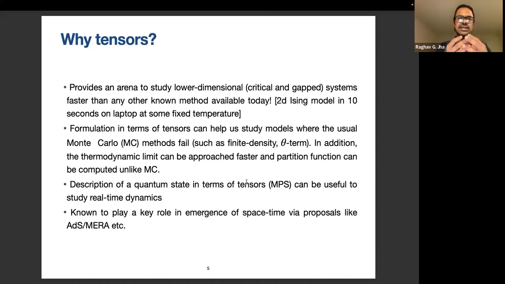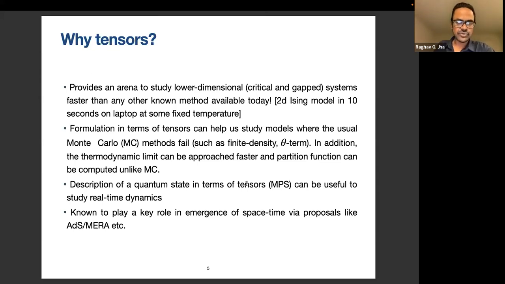For example, if I take an Ising spin model and tune very close to criticality, and I prepare my ground state as a matrix product state, then if I play around with that, it can give me a field theory description, and it can help me understand the real-time evolution of Ising field theory, which is the field theory description of the Ising model close to the critical point, known to be an integrable field theory. So these sorts of things are interesting for tensor methods and numerical methods.